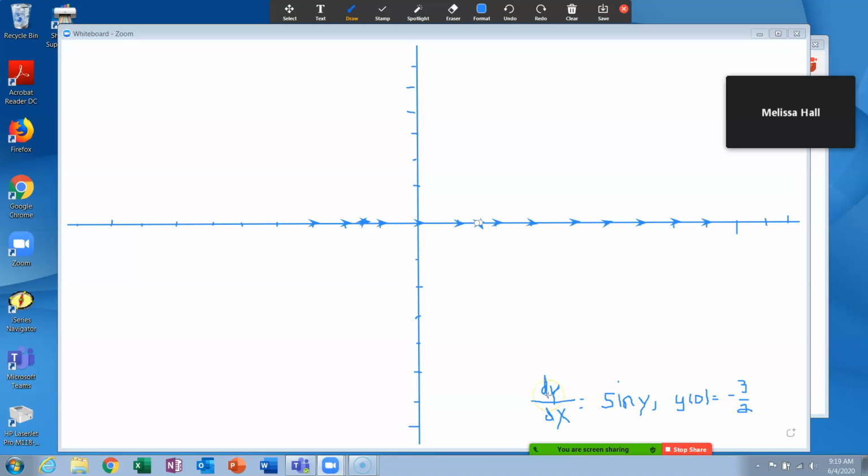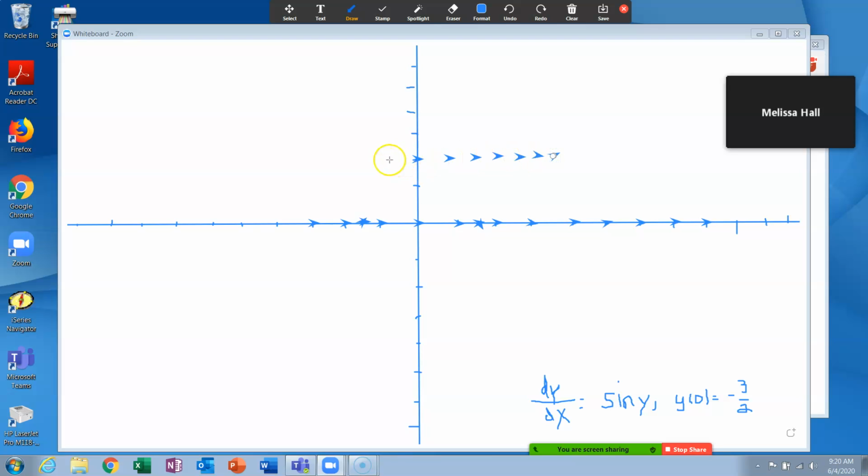Now, when y is pi, which is here, remember, you have 0 slope again. Everywhere that y is pi is a 0 slope. It doesn't have to be on the tick marks. It can be anywhere. These are all 0 slopes. I'm getting actually a little better at this. Oops, as soon as I say it, it screws up.